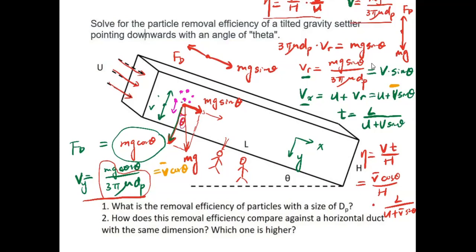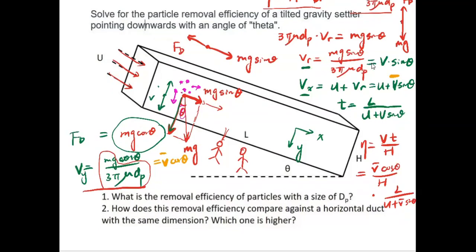We have a smaller force to let the particles travel in this perpendicular way, and we also have a larger force to drag the particles outside the duct. So the particles will spend a shorter time in the duct, and at the same time, the force that settles these particles becomes smaller. Under this combined effect, the efficiency will become smaller.